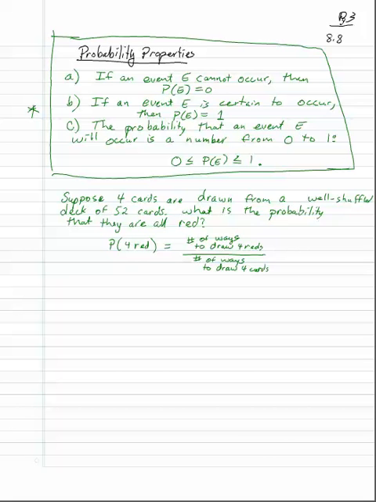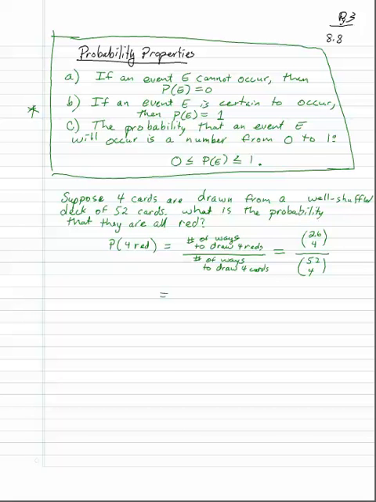How many ways to draw 4 reds? There's 26 red cards, choose 4. And how many ways to get 4 cards? There's 52 cards, choose 4.